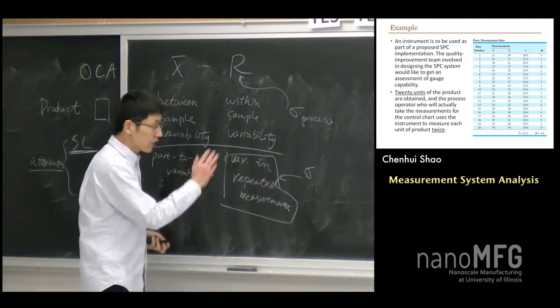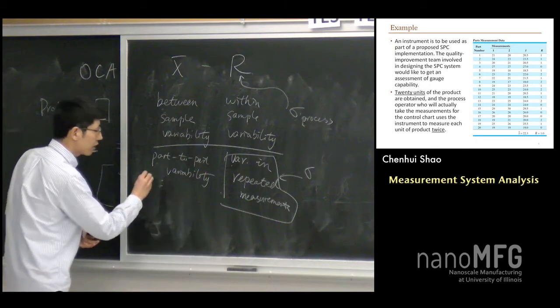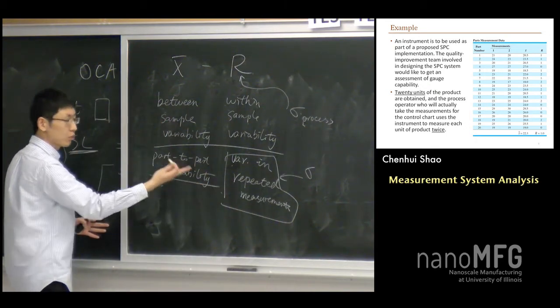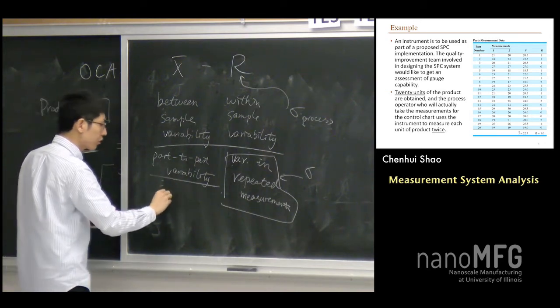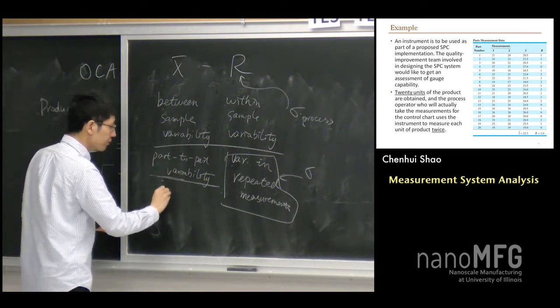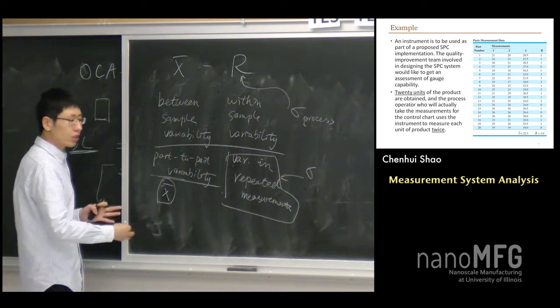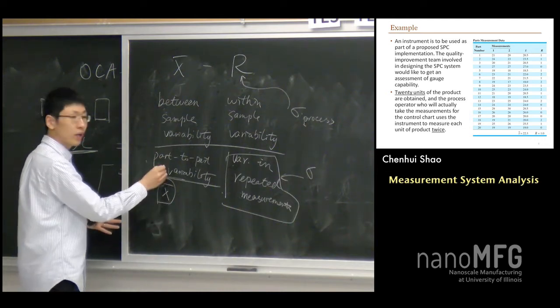Okay, so that's the whole idea. But still, for X bar, it's the same thing. Here, X bar is between sample, which is part to part variability. So if we have an estimation of how different X bar is from part to part, we have a good sense of part to part variability.